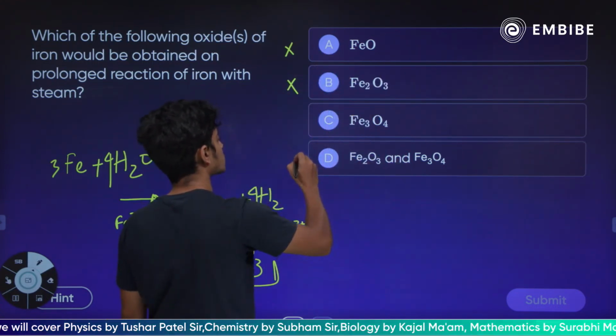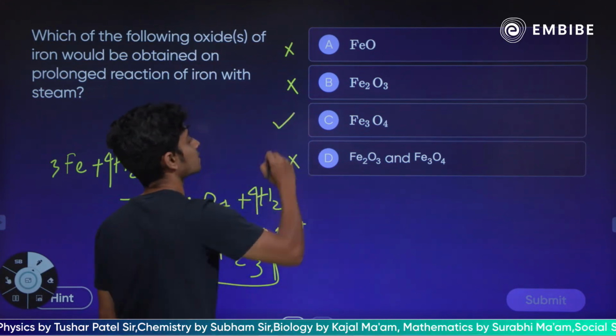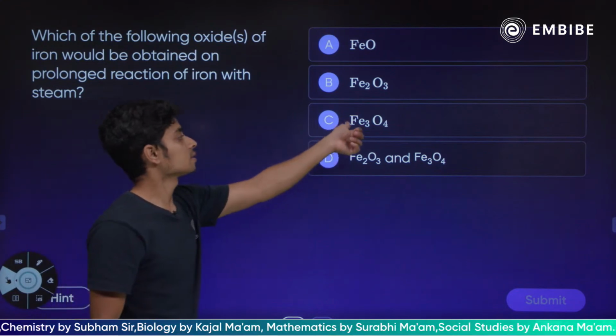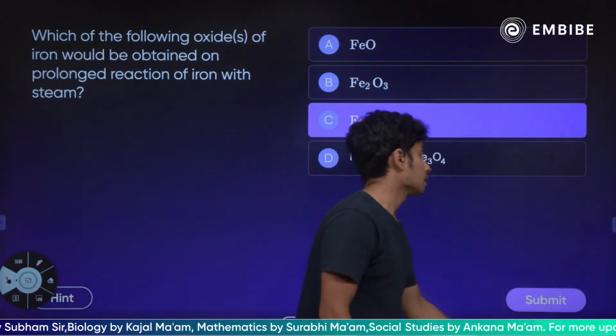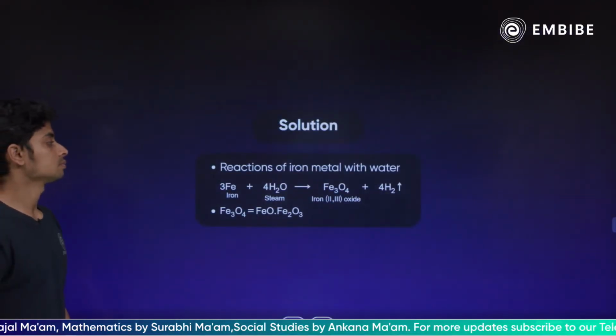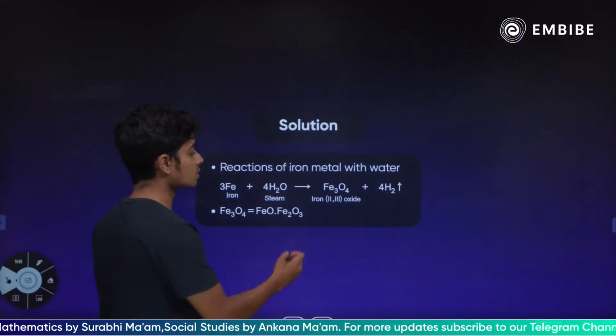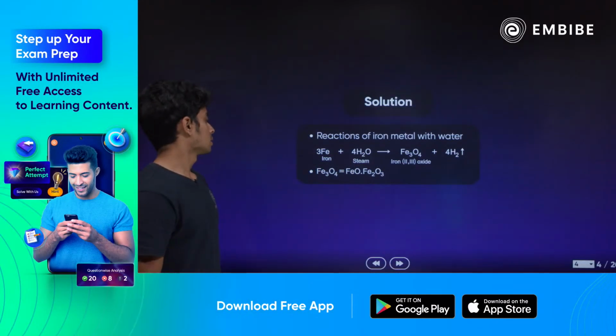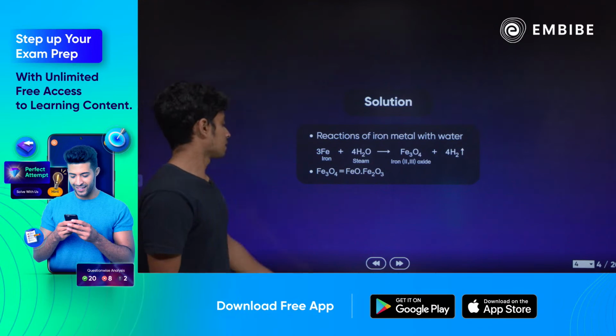Fe2O3 and Fe3O4 is also wrong. The correct option is option C, Fe3O4. So if you check it, you will get Fe3O4 as your answer. You can also write it as iron 2,3 oxide, another name for Fe3O4. Okay, so we'll continue.